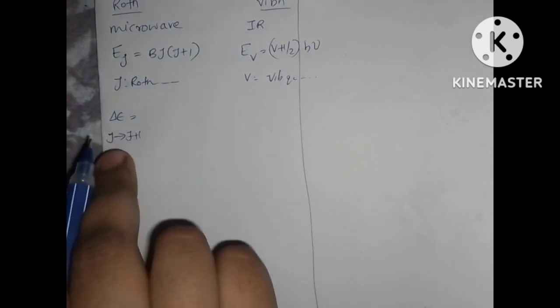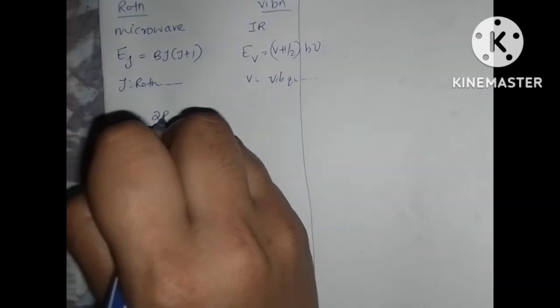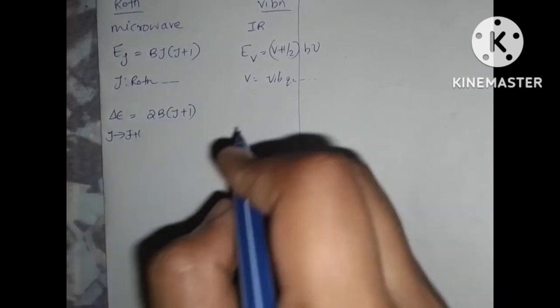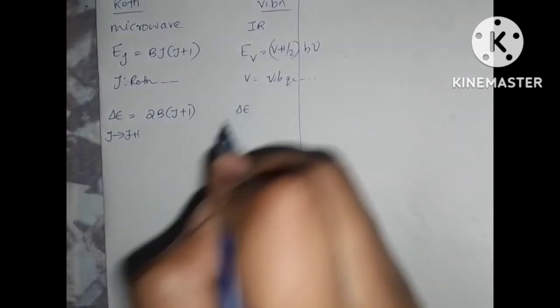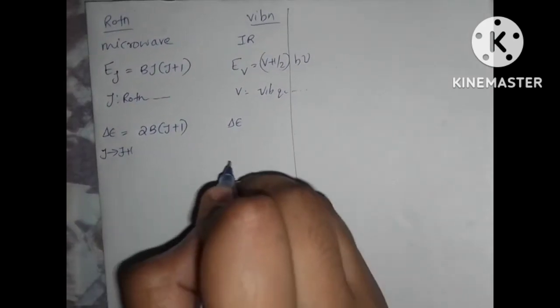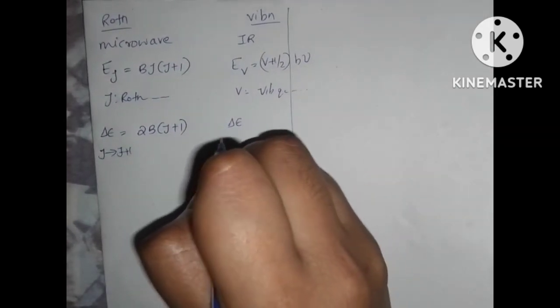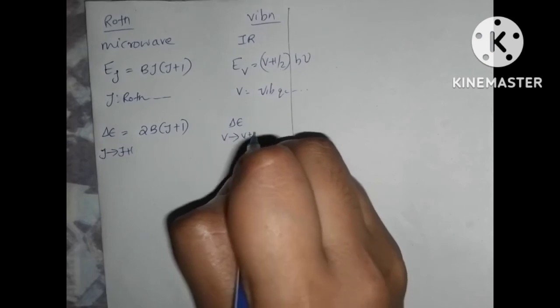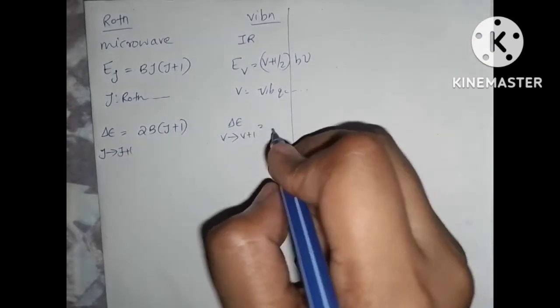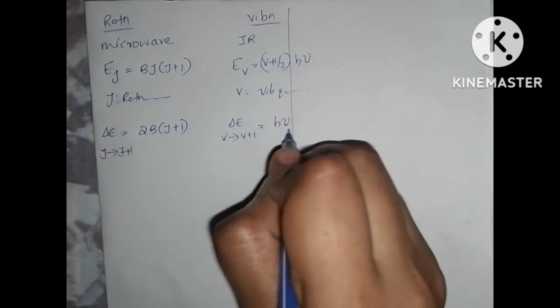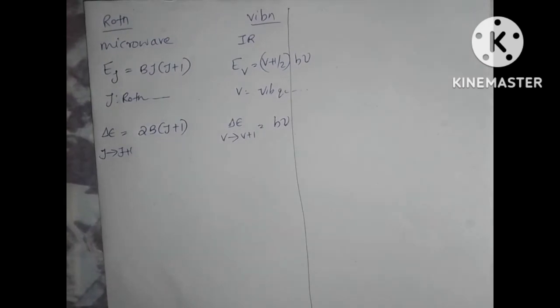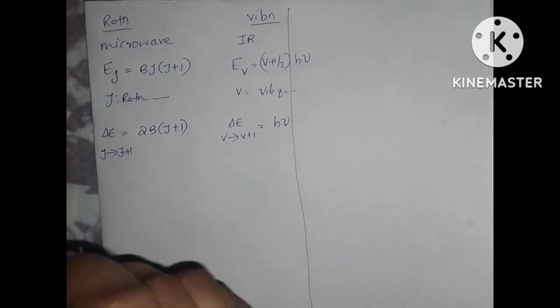That energy was 2B into J plus 1 for rotation. For vibration, for a simple harmonic oscillator type vibration, the energy required from V to V plus 1 level was H nu, with no dependence upon the V value.